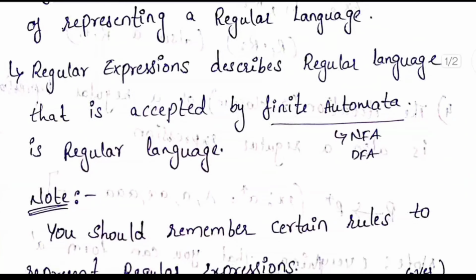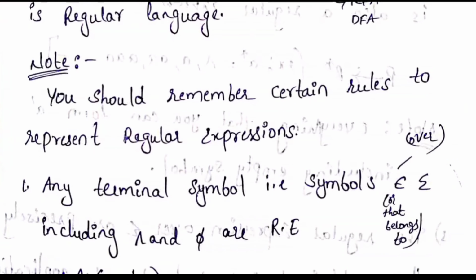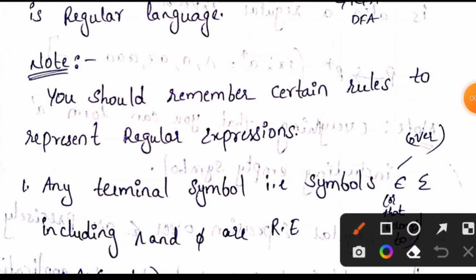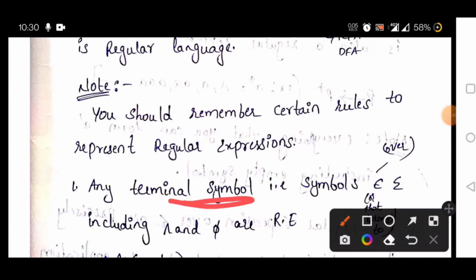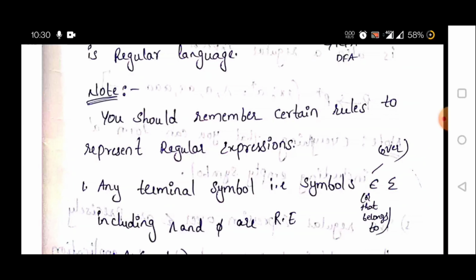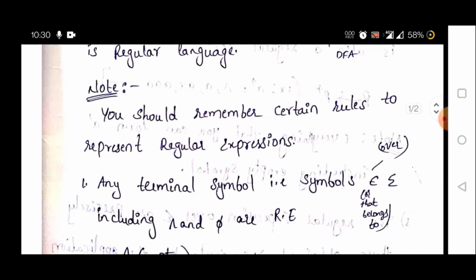Here we can see a note. You should remember certain rules to represent certain regular expressions. So here the first rule is: any terminal symbol, that is symbols over sigma, including the empty symbol and phi, are regular expressions.